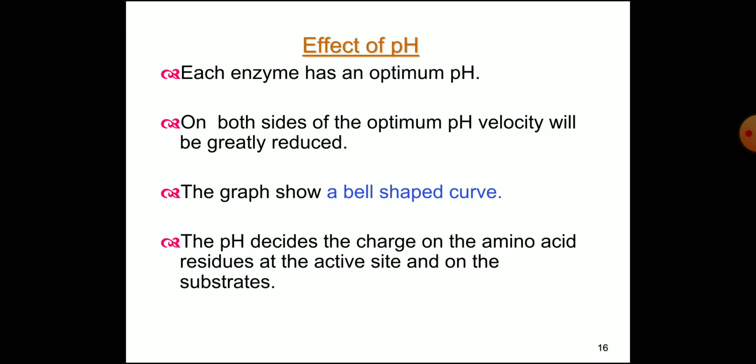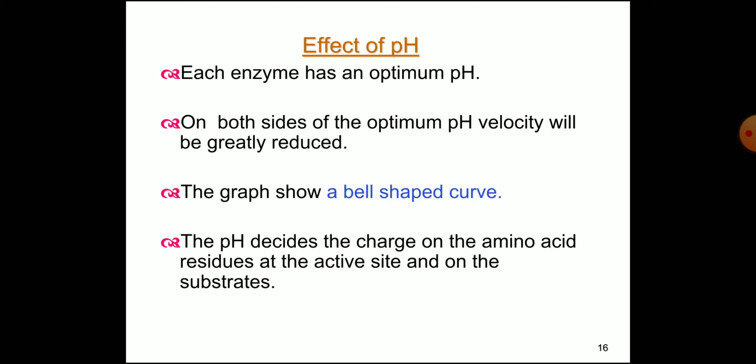Charge means ionization. Some ions will be there in the amino acids in the active site or also on the substrate. That is important for the binding of the substrate to the enzyme and for producing catalytic activity. So pH decides the charge of amino acid residues in the active site of the enzyme as well as on the substrate.